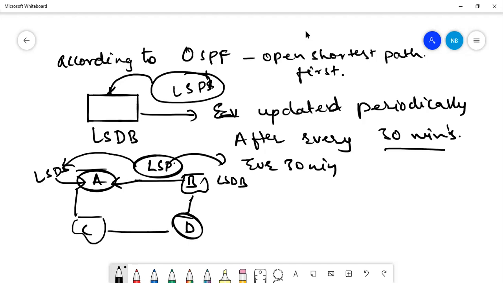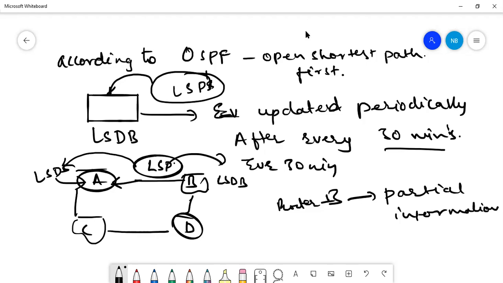So one thing here, router B will be sharing the updated information, but only partial information will be shared among the routers. What do you mean by this?